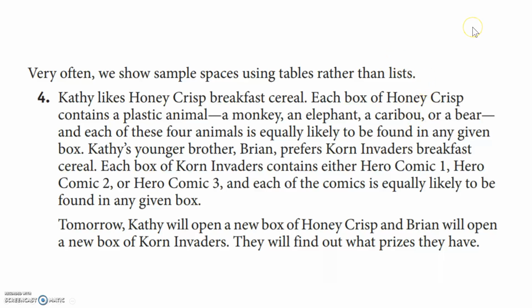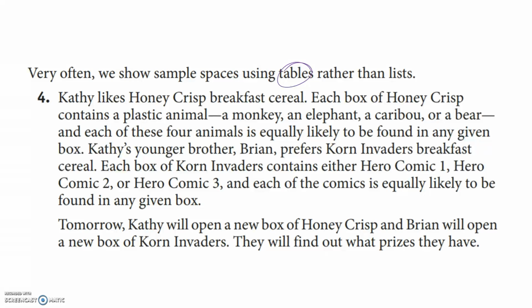Now we're going to take a look at question 4. Very often we will show sample spaces using tables rather than lists. You can see at the top of page 561, you have a table that has the hero comics, and you have the other tokens, the monkeys, elephants, caribou, and bear.